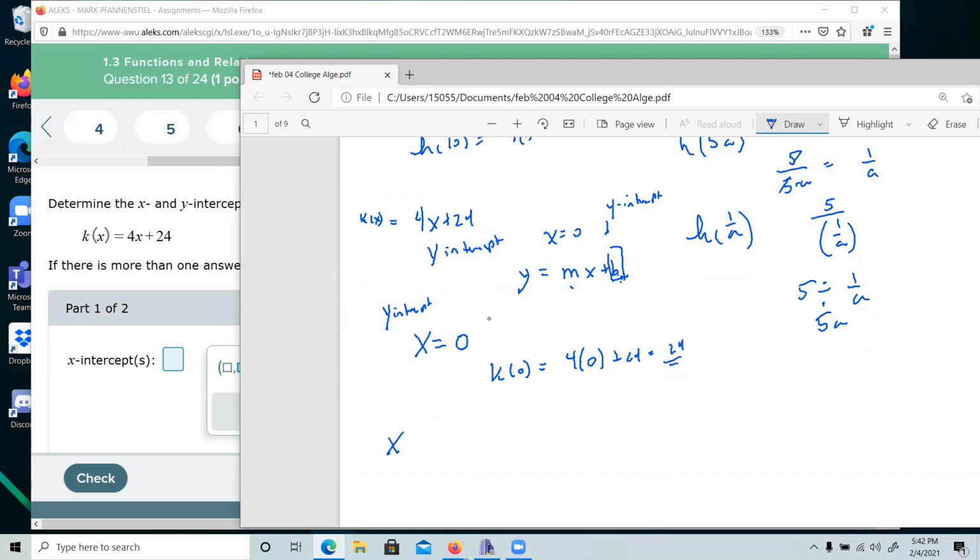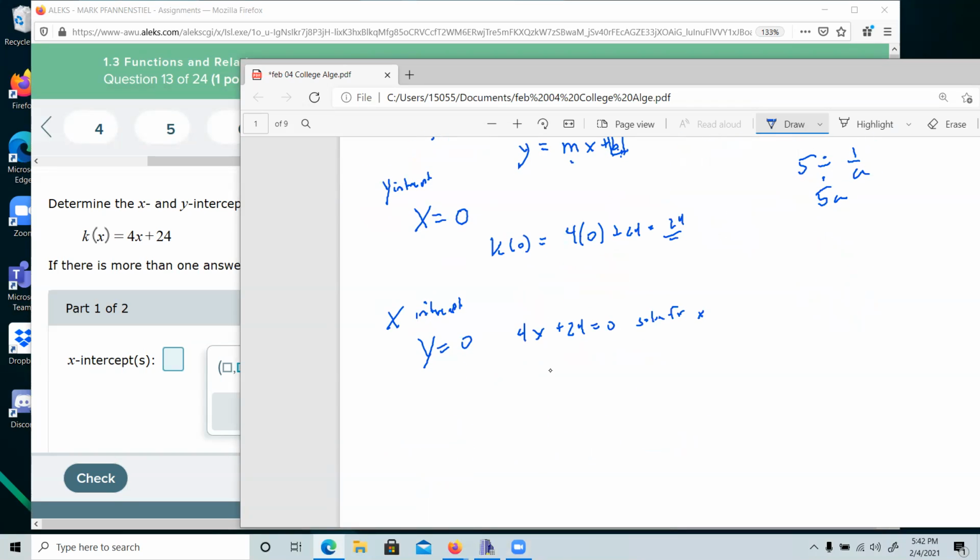For the x-intercept, we're taking turns. Now y gets to be 0. x got to be 0 in the first part. Now y gets to be 0. So we have 4x plus 24, set that equal to 0, and we're solving for x. We subtract the 24 from both sides.